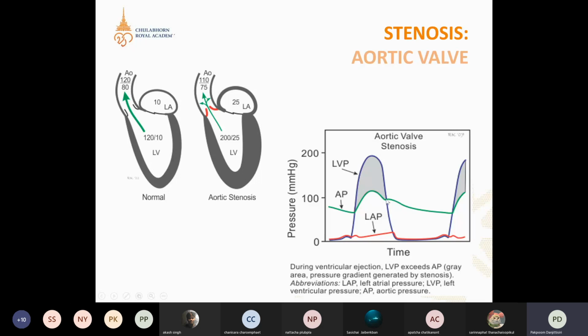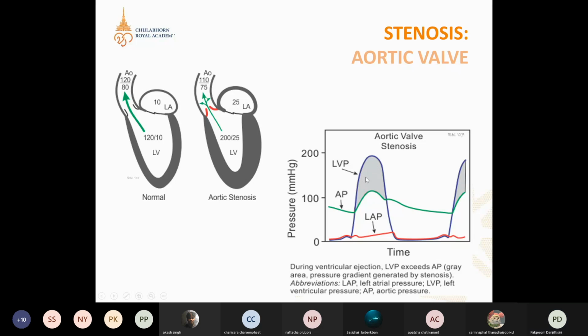You will be able to see the aortic pressure and the left ventricular pressure. You will see the gradients between these two pressures over here.